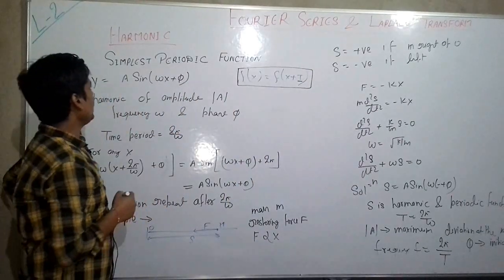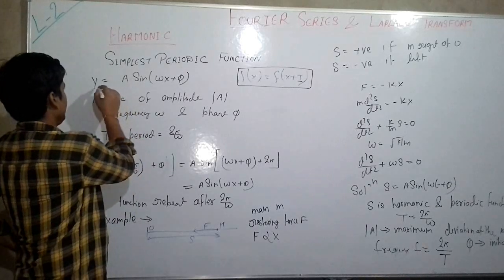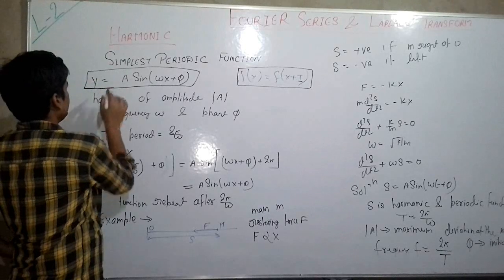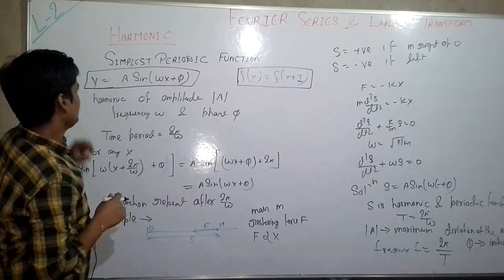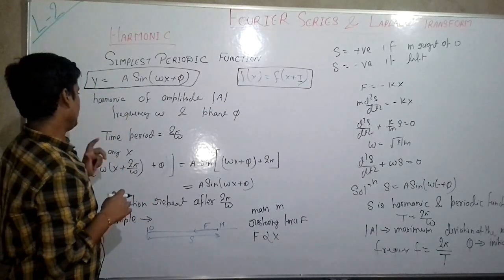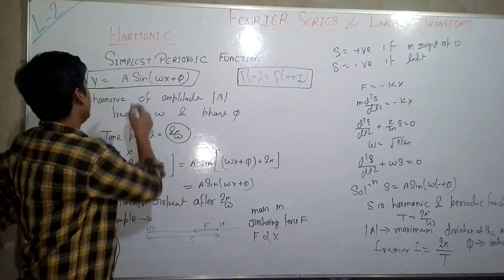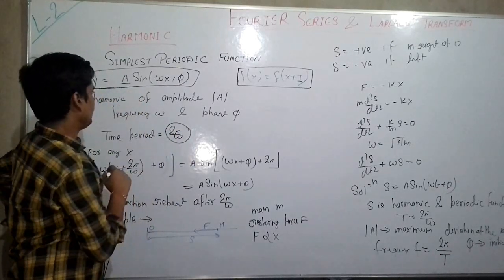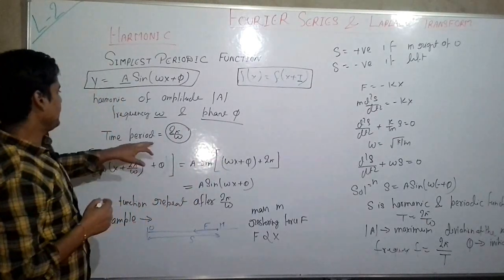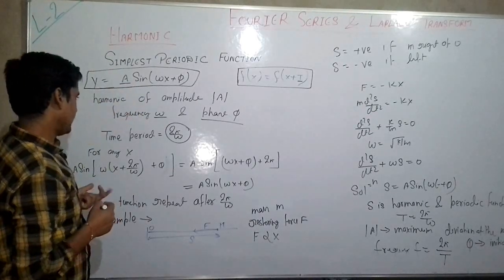One of the simplest harmonic or periodic functions is y is equal to A sine(omega x plus phi). This is the best example of the simplest periodic function, where the function repeats after the time interval 2 pi by omega, and here A is the amplitude, omega is the frequency, and phi is the phase.